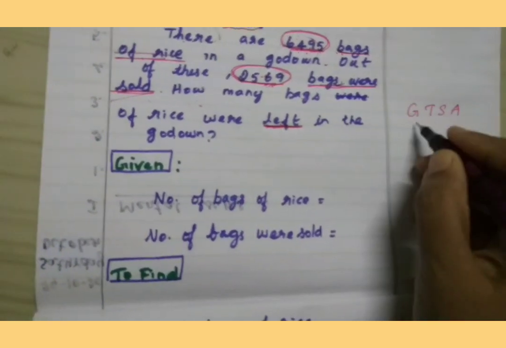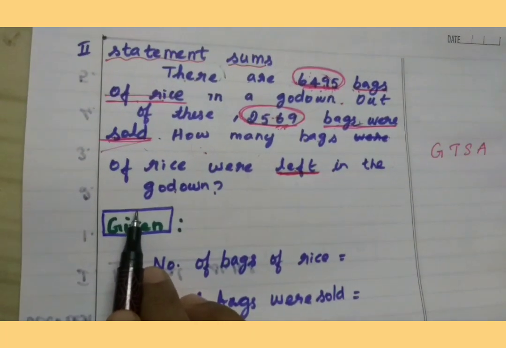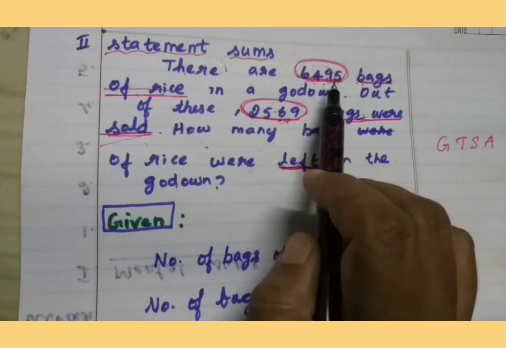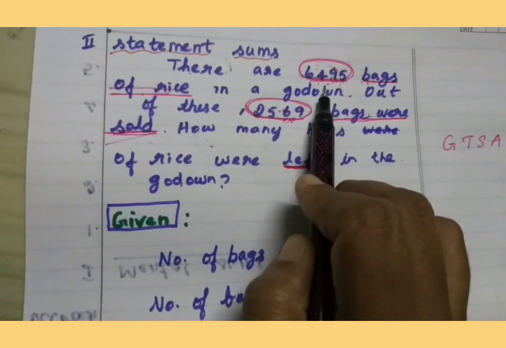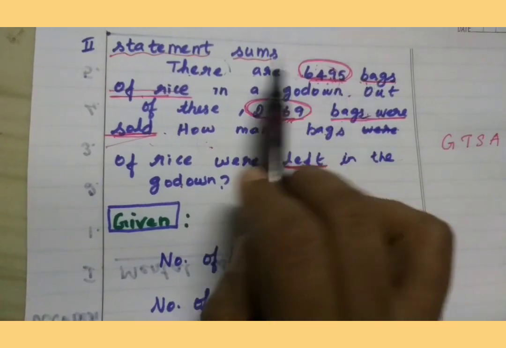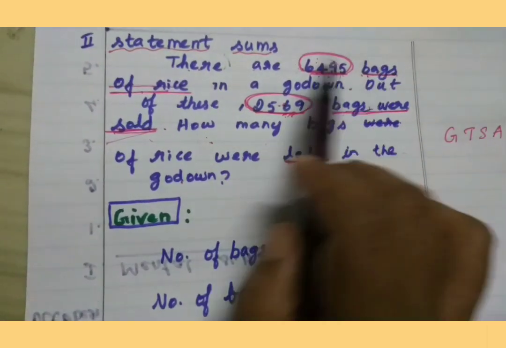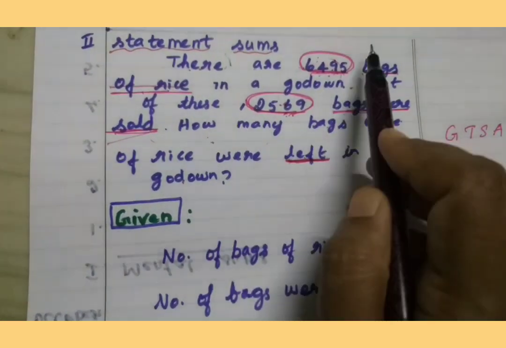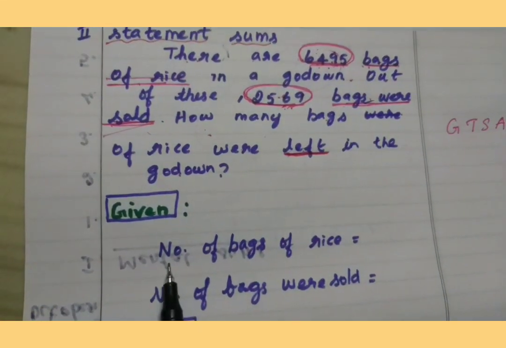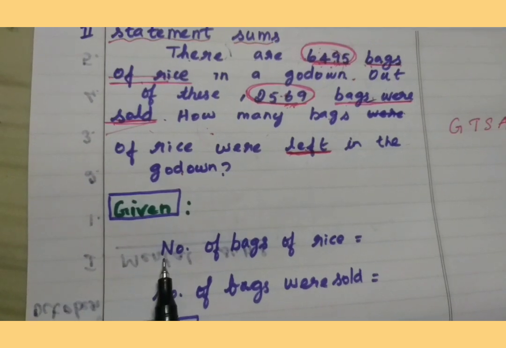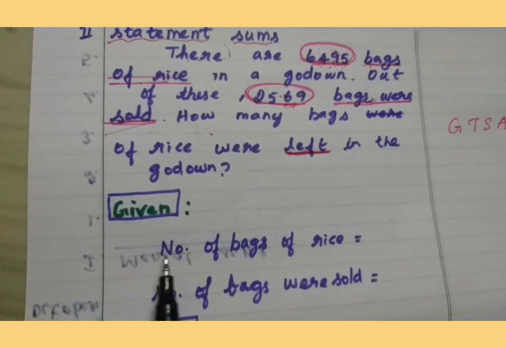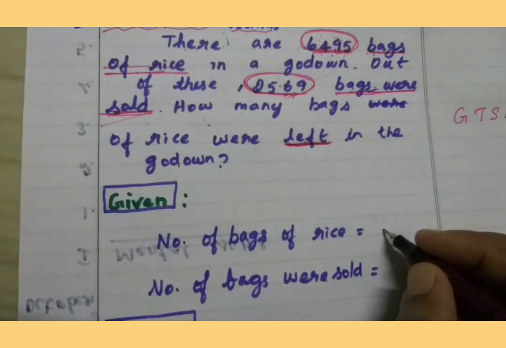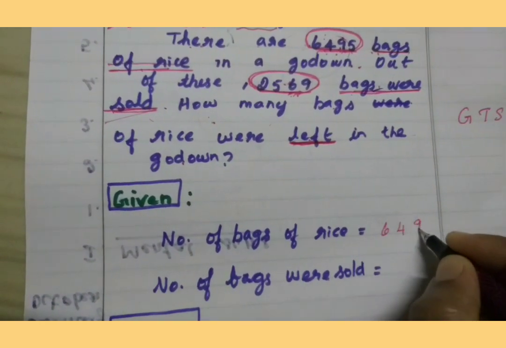GTSA. G means given. In the given, first of all you have to find out where the first number is. Here 6,495, and it indicates bags of rice, isn't it? First of all, don't write the number. Instead, write "No.", capital N, small o, dot, number of bags of rice, equal to 6,495.